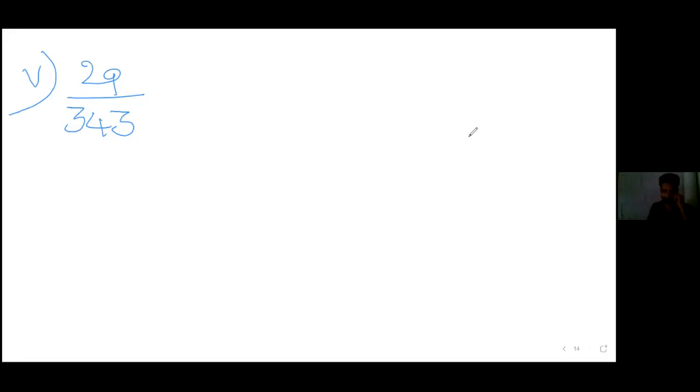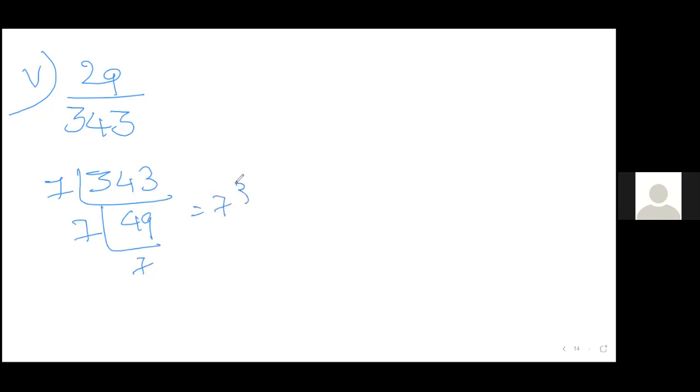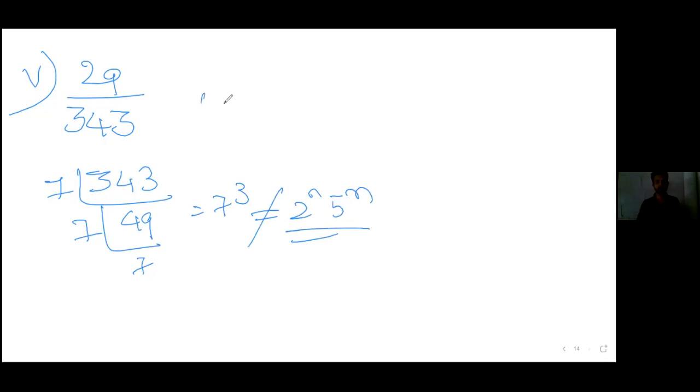Fine. So how is it non-terminating? What is the factorization of 343? 7 to the power 3. Yes, it is 7 to the power 3. So this is not of the form 2 to the power n into 5 to the power m. It is not of the form, so it is non-terminating.